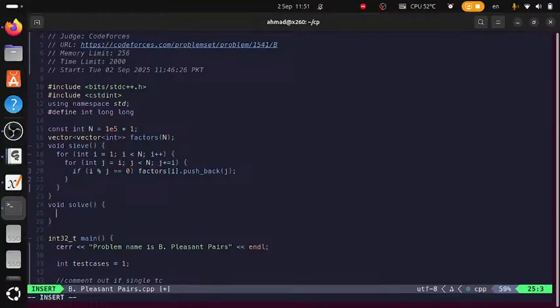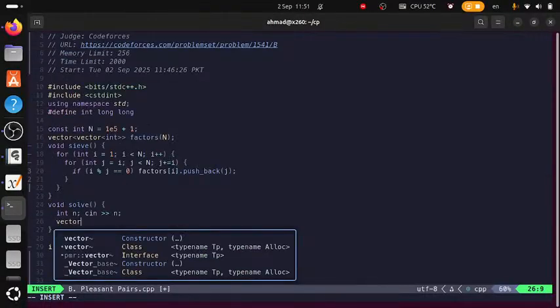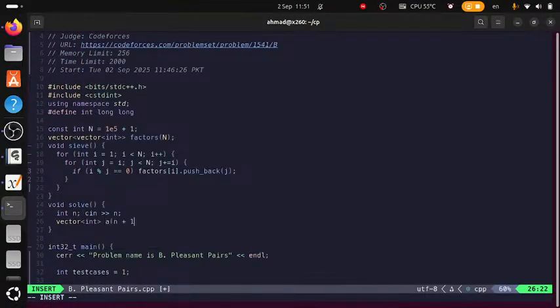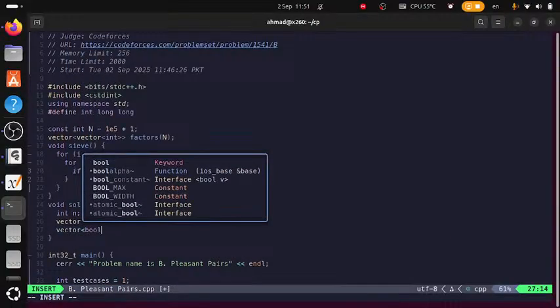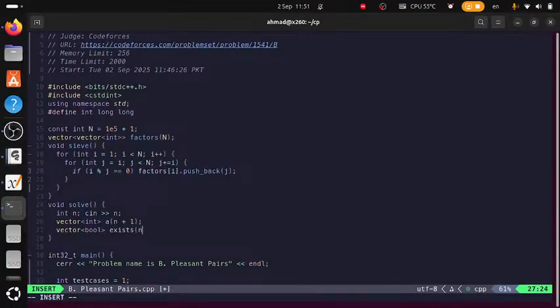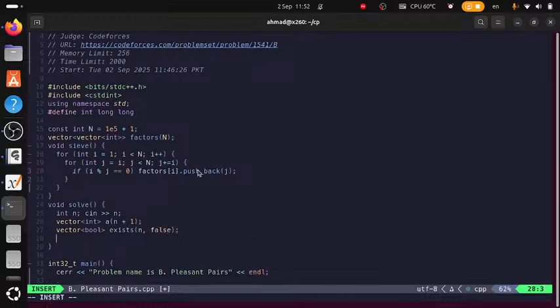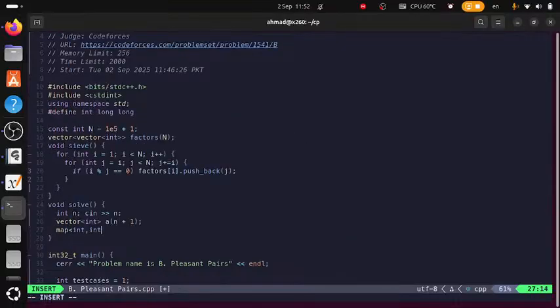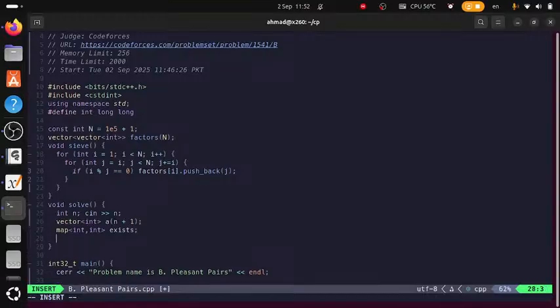And then we come here and we say int values vector in size of n plus 1, right? So initially it does not exist. Oh, sorry, it's going to be a map actually, map of int exists.